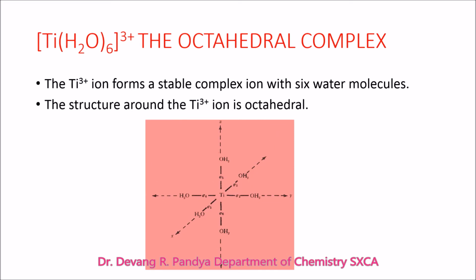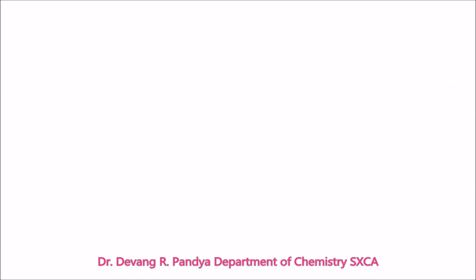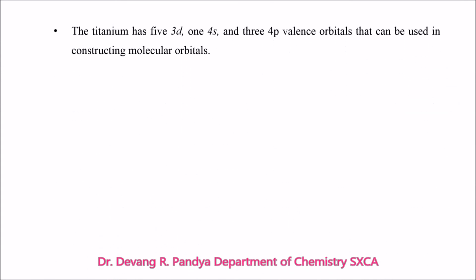So here you can see that 6 water molecules approach titanium from the axial side, and it is going to form d2sp3 hybridization. The titanium has 5 3d, 1 4s and 3 4p valence orbitals.